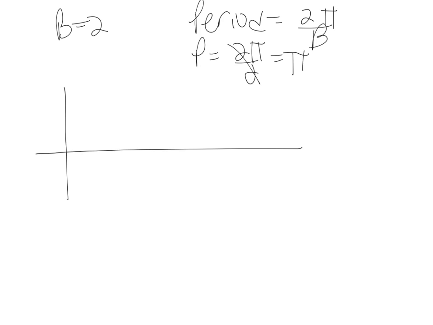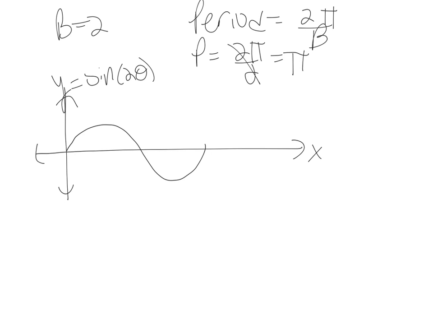So if we look at that, what that means then is that you're going to have 2 full revolutions between 0 and 2 pi.